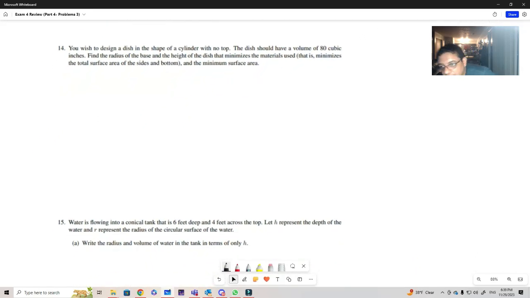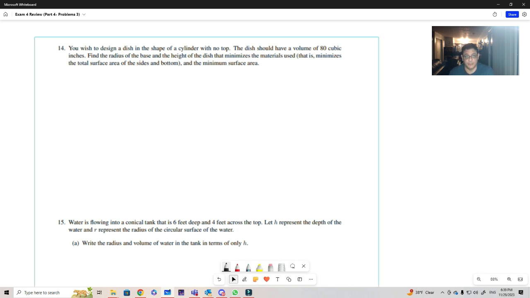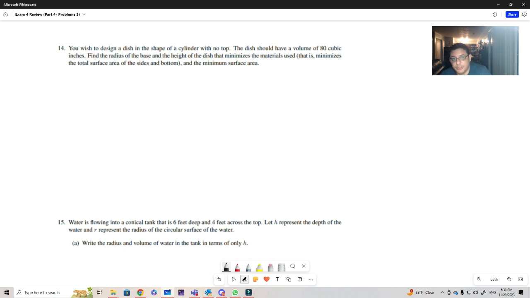Now for question 14, you wish to design a dish in the shape of a cylinder with no top. However, we do have a bottom. So the dish must have a volume of 80 cubic inches. So the total volume is 80.